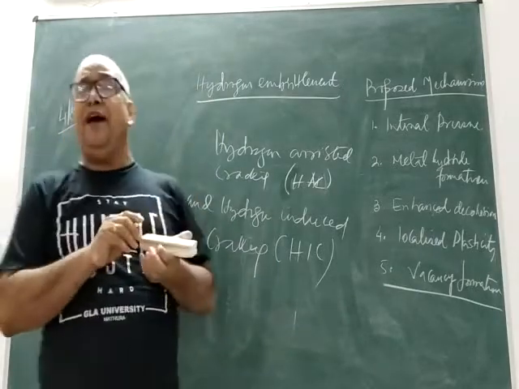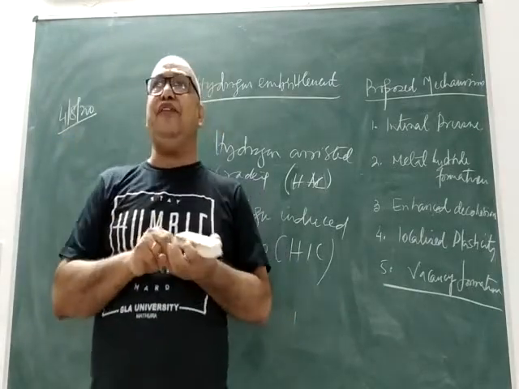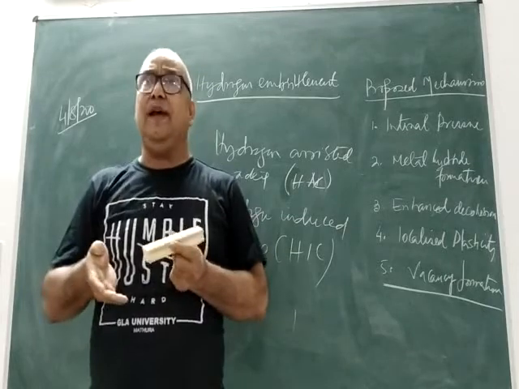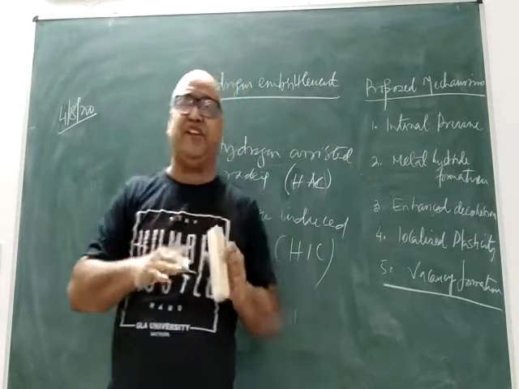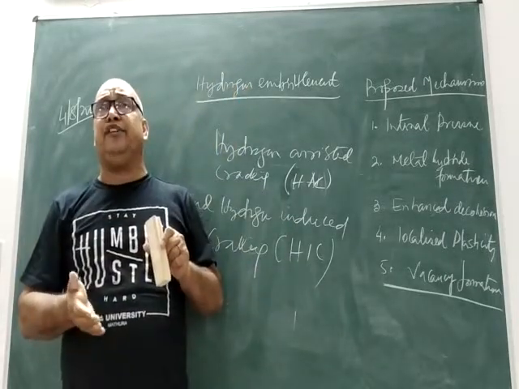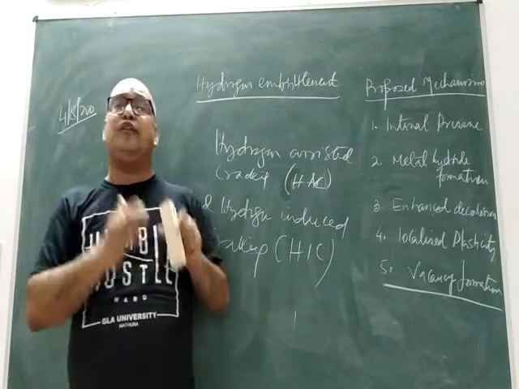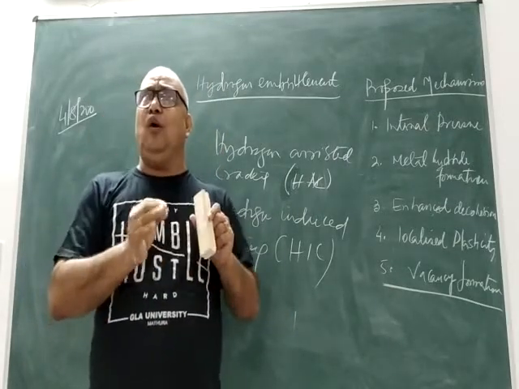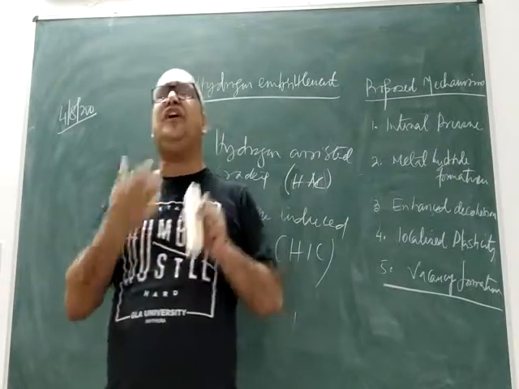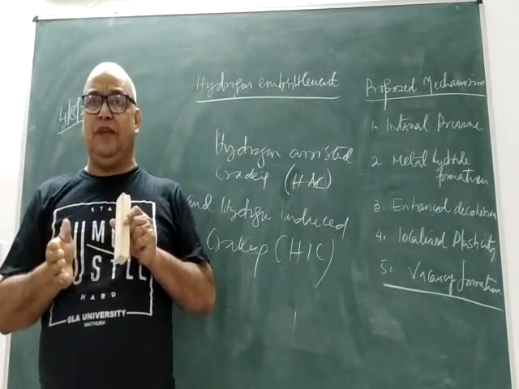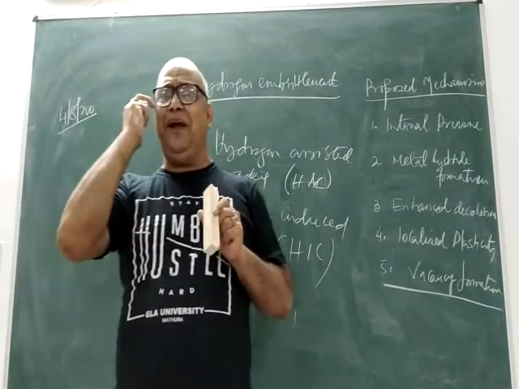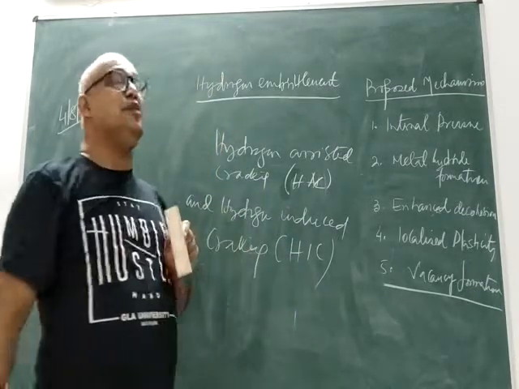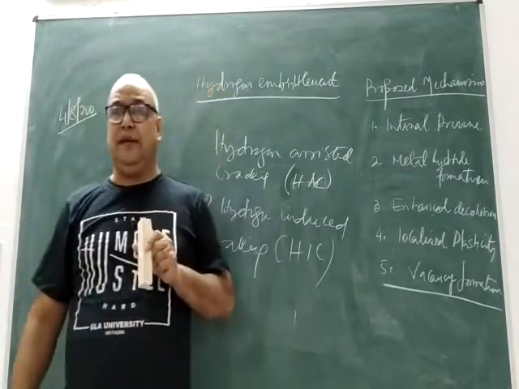Actually, this phenomenon explains embrittling of a metallic structure when it is exposed in a hydrogen environment. I repeat, when a metal or metallic structure is exposed in a hydrogen environment, this type of corrosion may take place.